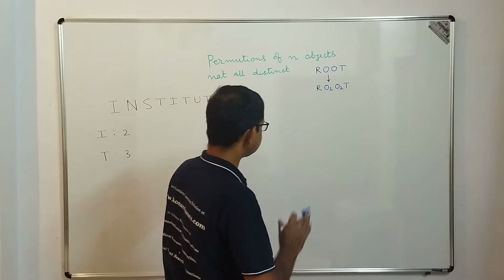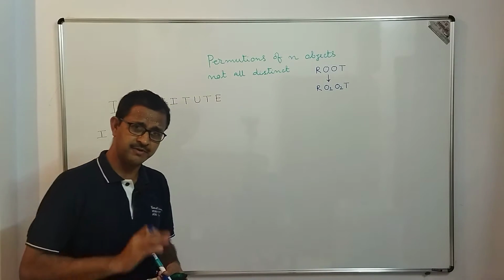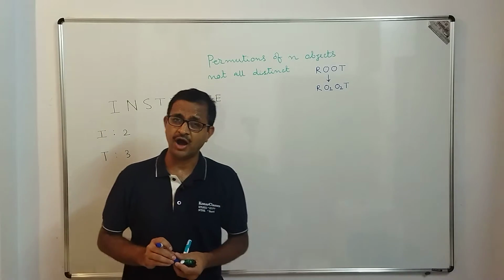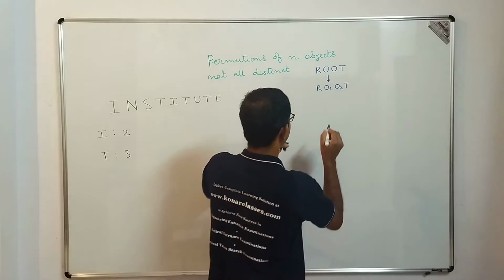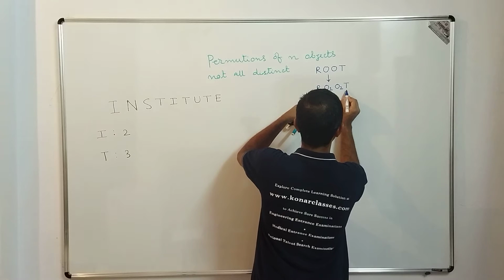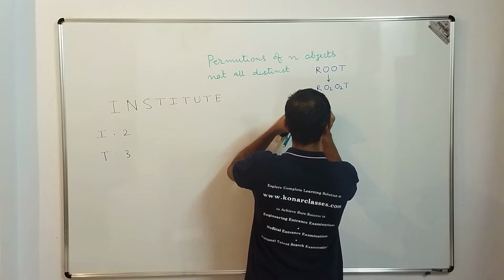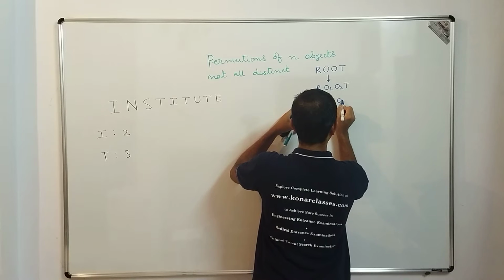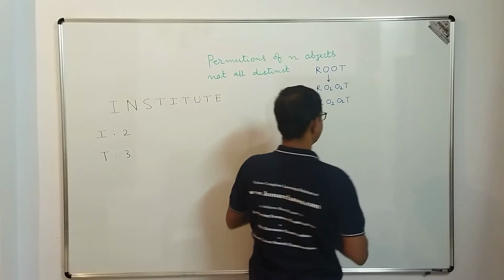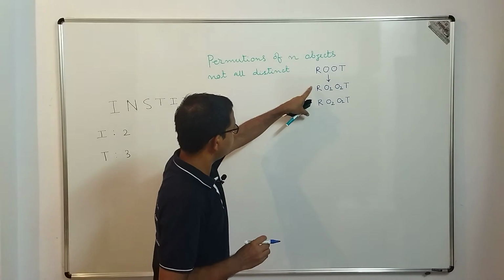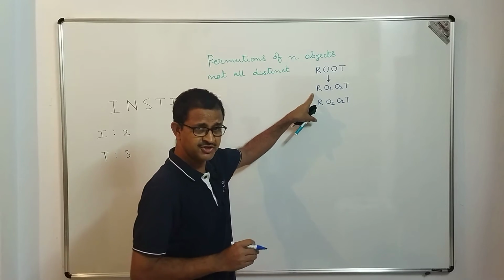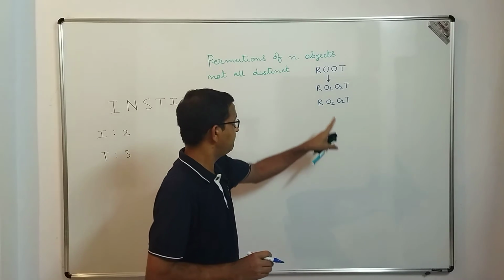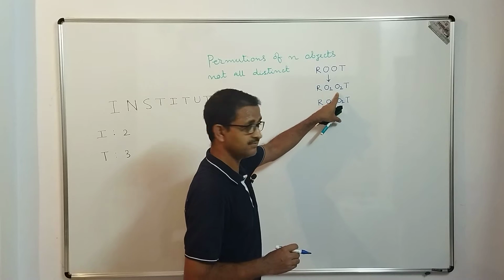Now let us make an arrangement called R O1 O2 T. Then another arrangement could be R O2 O1 T. Correct? Now these two arrangements are the same because O1 and O2 are the same.